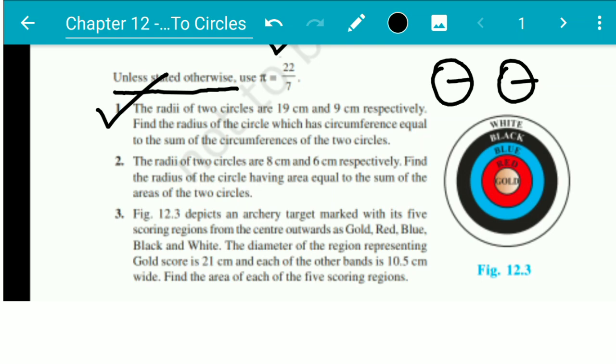There is another, third circle, such that the circumference of this third circle is the sum of the circumferences of the first two circles. So you need to find the radius of this third circle. That is the question.